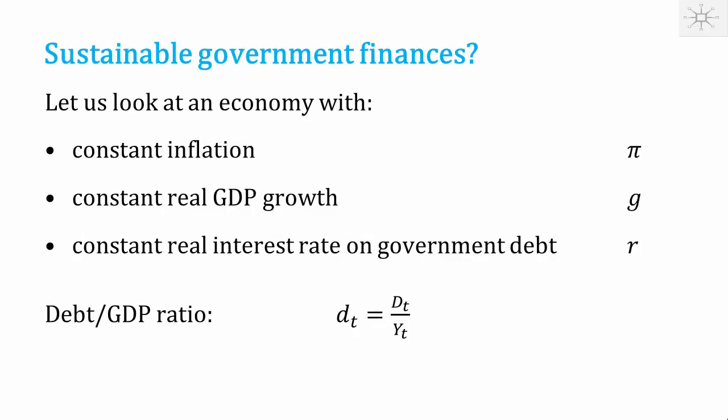To analyze what determines the development of the government debt relative to GDP, we consider a simple situation where there is constant inflation, constant GDP growth, and a constant real interest rate on government debt. And we let little d denote the government debt to GDP ratio, and implicitly we're talking about the net debt, but we just say debt now.